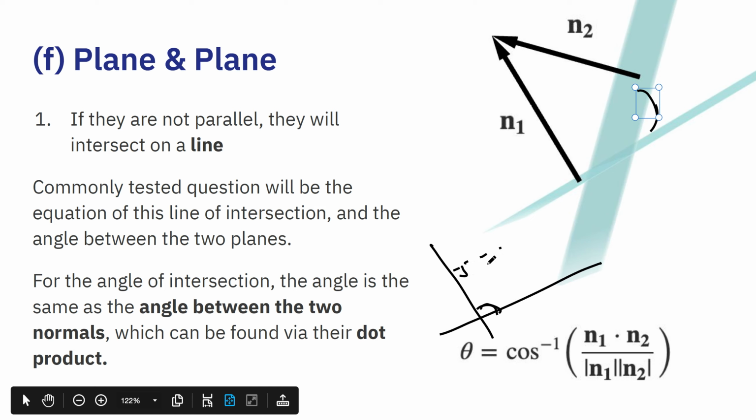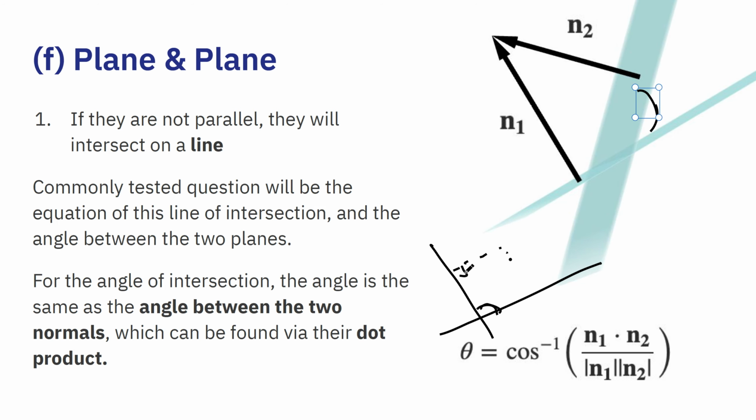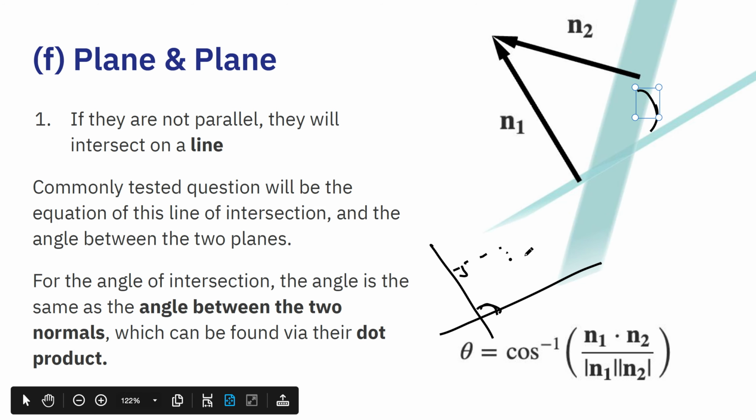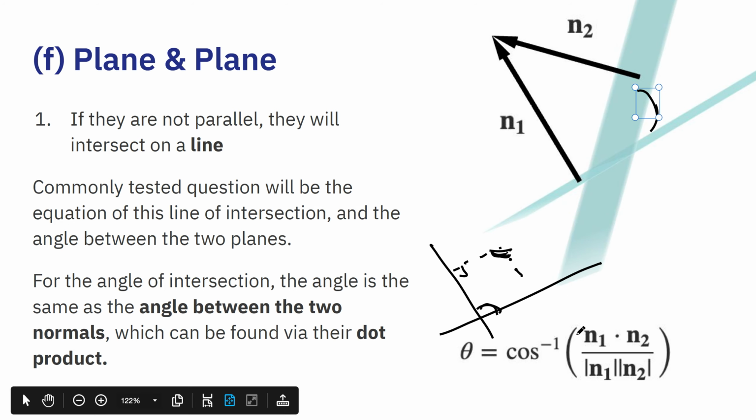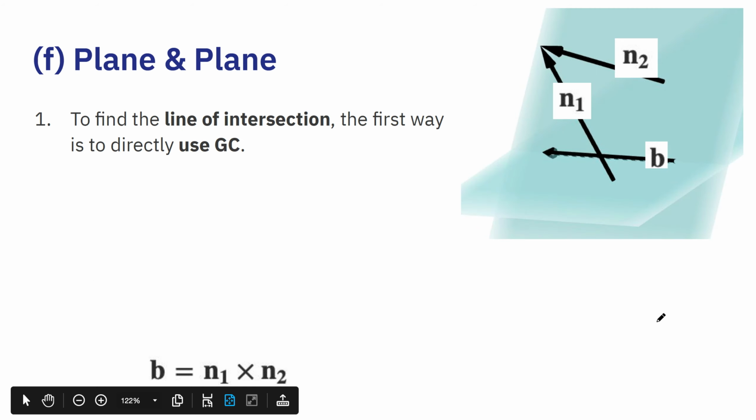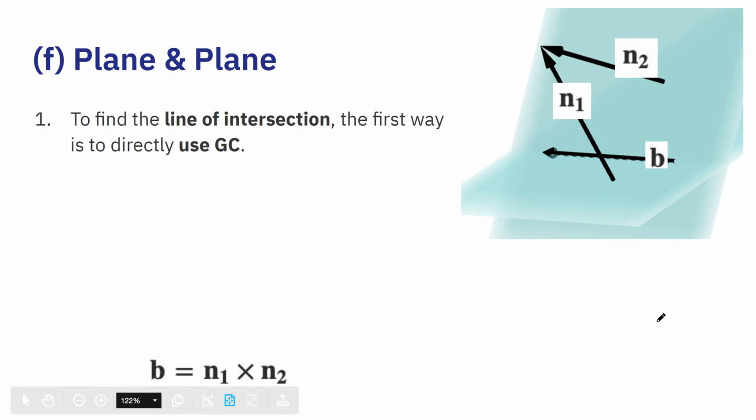If you draw the two normals over here, it's supposed to be 3D, so it's a bit hard to see, but the angle between the two normals will actually be equal to the angle between the two planes. And we can find this using the dot product between the two normals, so using the cosine formula just as before. So the next thing they can ask is to find the line of intersection between the two planes.